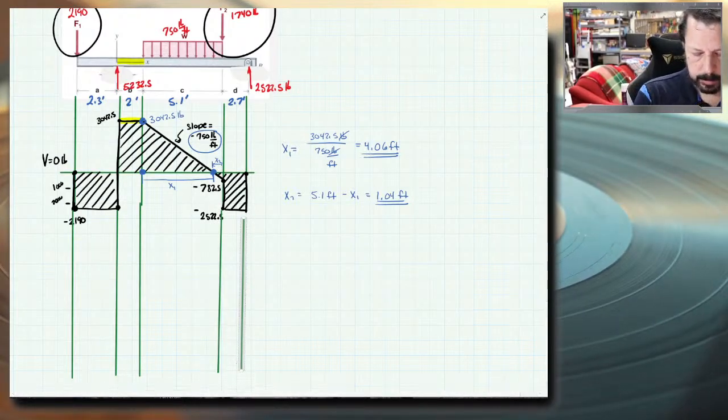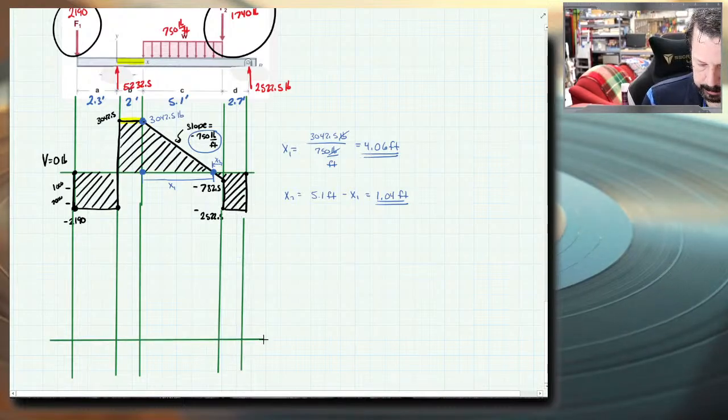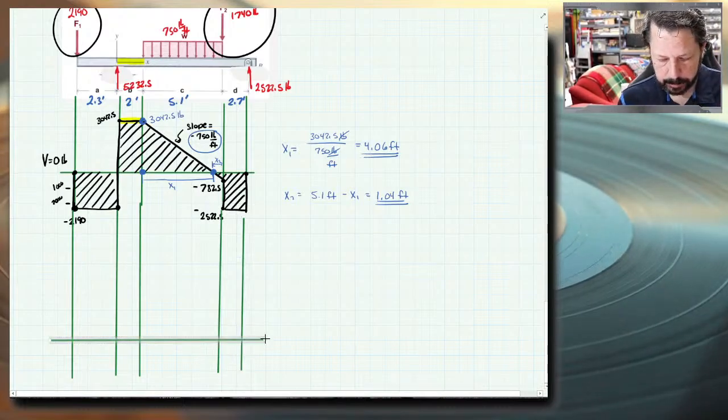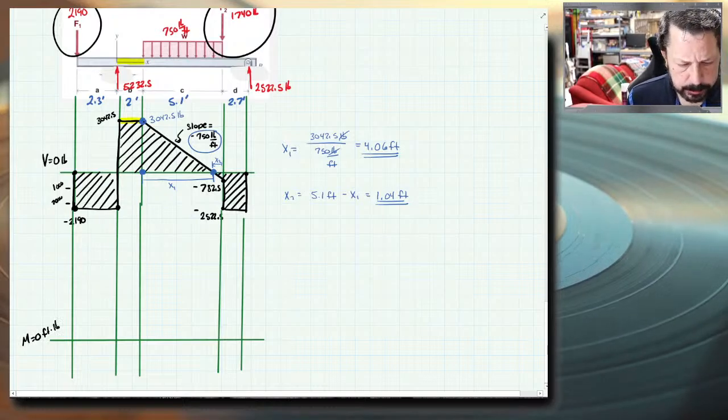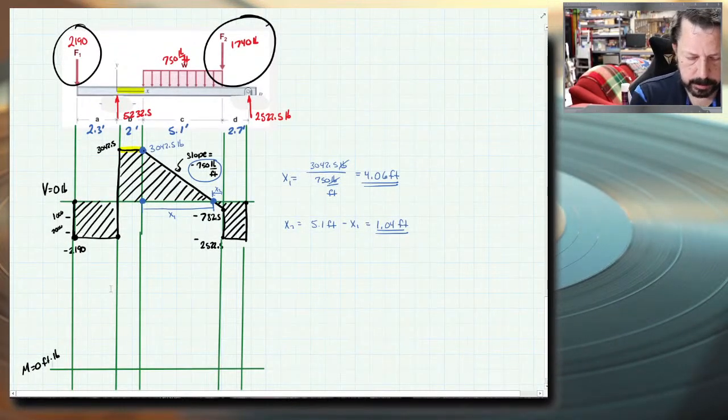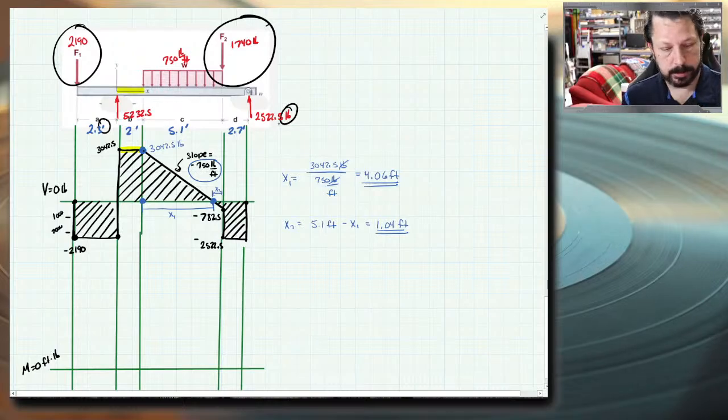And then we'll put a baseline down here. And this will be M equals 0 foot-pounds, because my units are feet for my x dimensions and pounds for the forces.